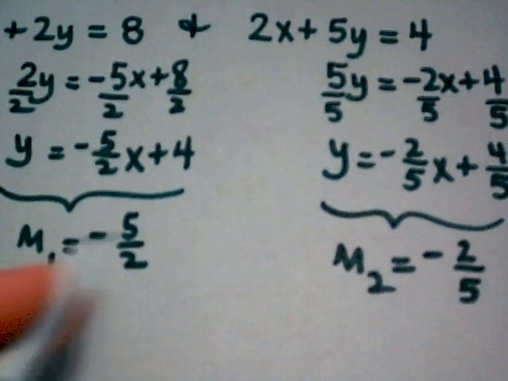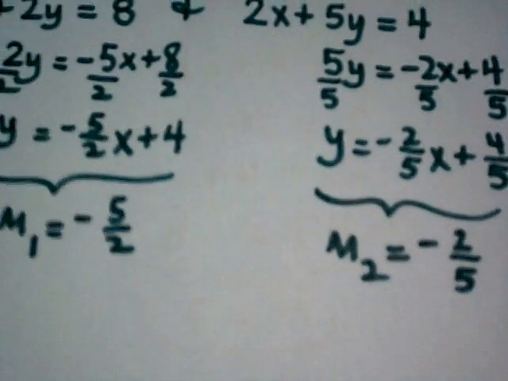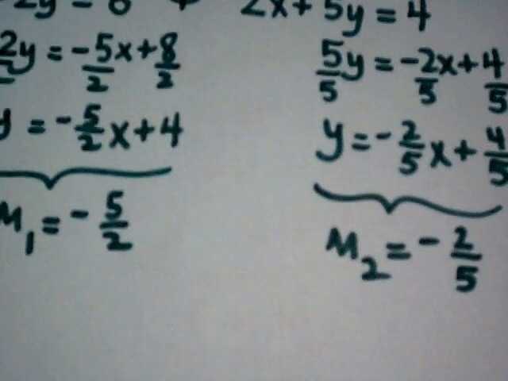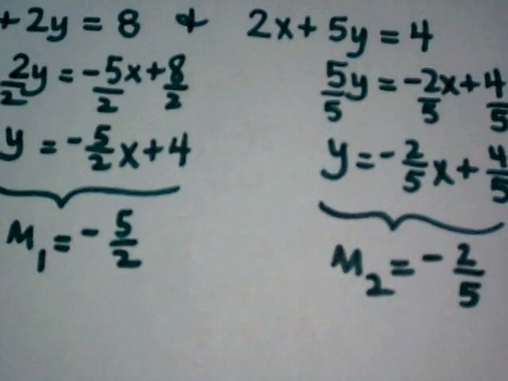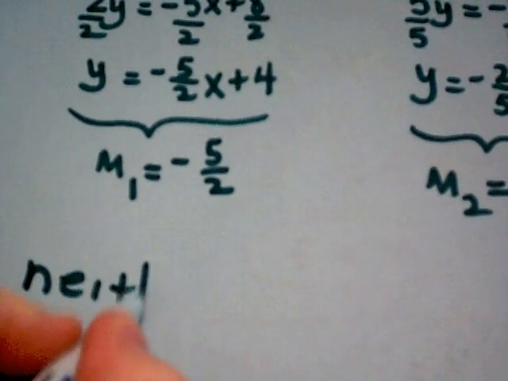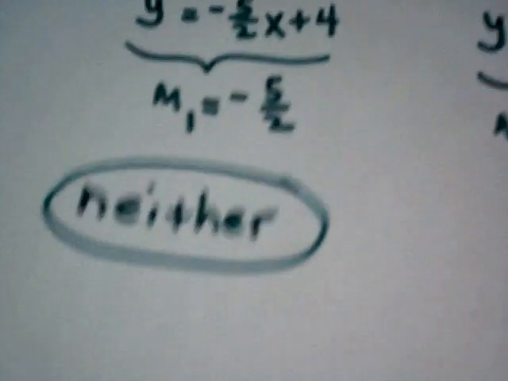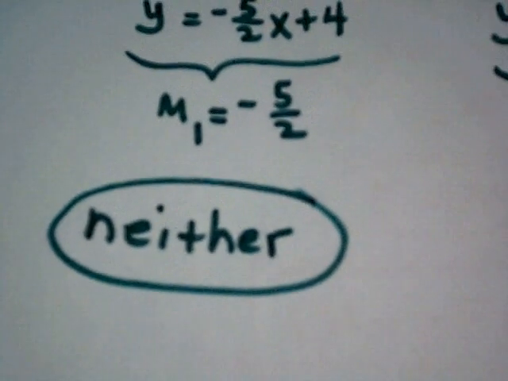And both of these are negative. So there's no way these are opposite reciprocals. They are reciprocals, but they are not opposite reciprocals. Therefore, the correct answer to this problem is neither. The lines are neither parallel nor perpendicular.